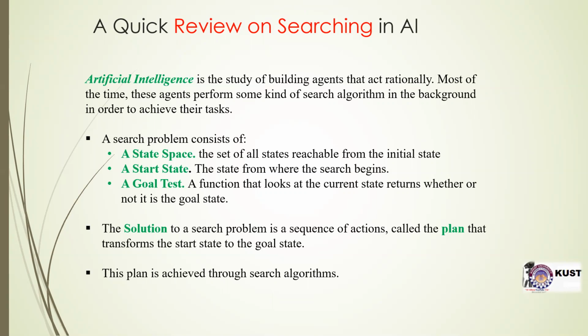A start state is the state from where the search begins. A goal test is a function that looks at the current state and checks whether or not it is the goal state. The solution to a search problem is a sequence of actions called the plan that transforms the start state to the goal state.